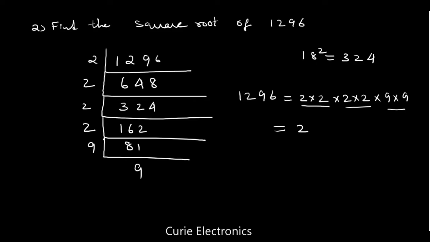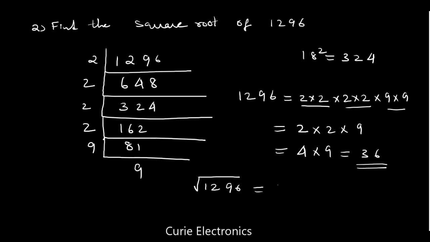So 2 multiplied by 2 multiplied by 9, that is 4 multiplied by 9. 4 nines are 36. So 36 is the square root of 1296.